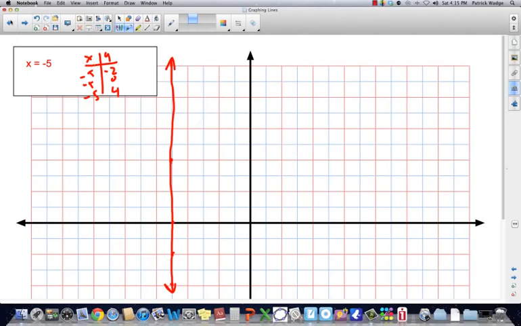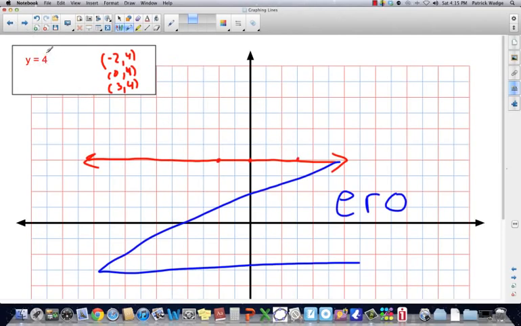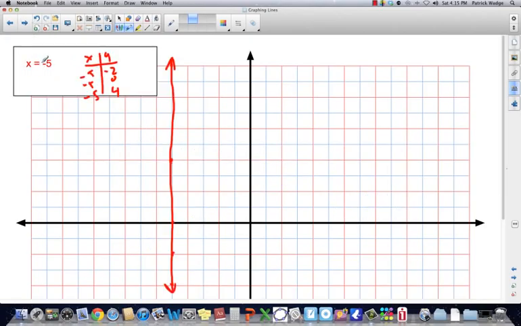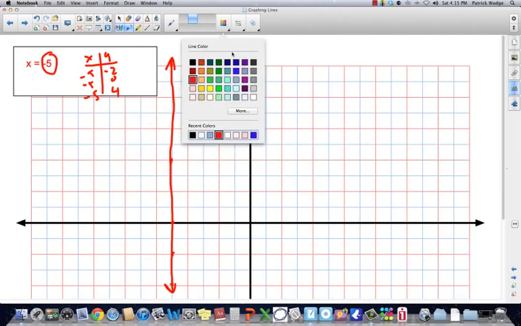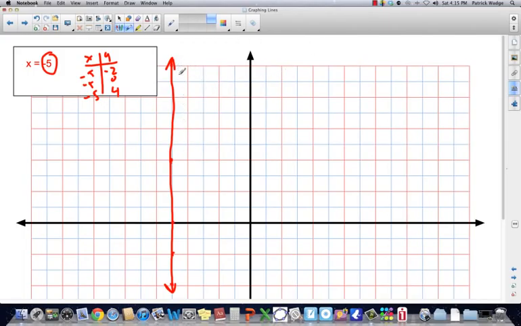Okay, so if you have y equals and then just a constant, you're going to get a horizontal line. If you get x equals and then just a constant, then you're going to get a vertical line. Can't remember what the slope is of this line. What could you turn this into? Well, you could turn it into an N for no slope.